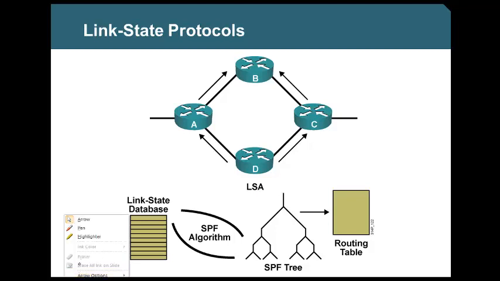You see, the big database gets built by collecting all the link state information, which is coming as link state advertisement. And every router will have this database.